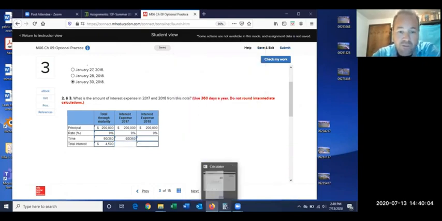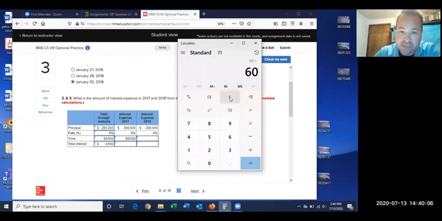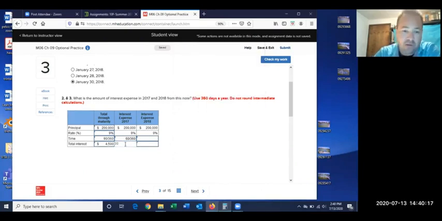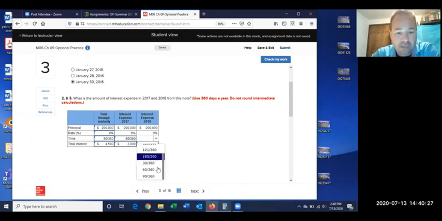And then my total interest, let's calculate that out. 60 divided by 360 times 9% times 200 grand. $3,000 out of the $4,500 was earned in 2017. And in January, all we have left is 30 days. I could calculate it out, but I know if 3,000 was in the last year, that means I still have 1,500 left for this year in 2018.